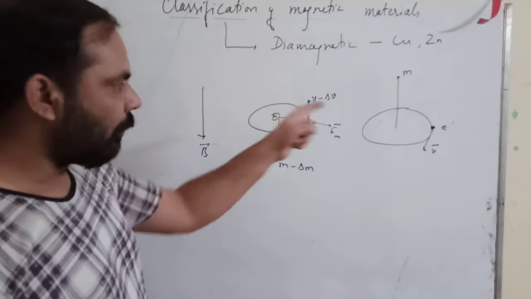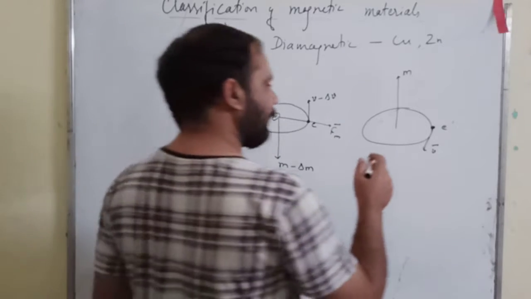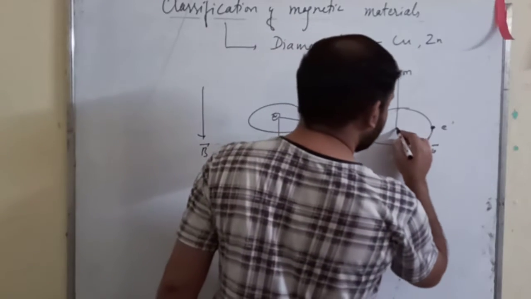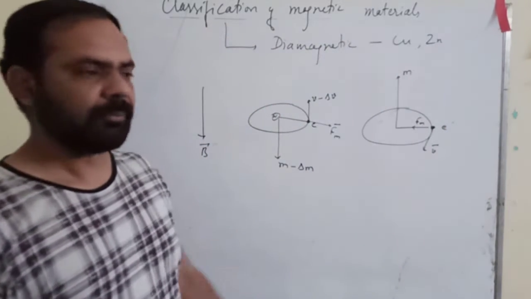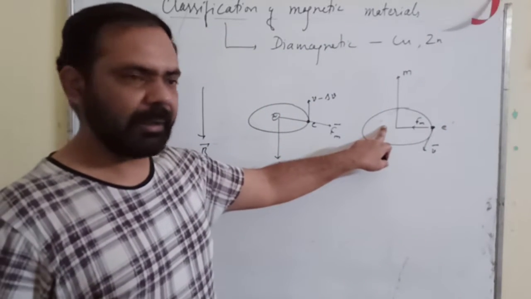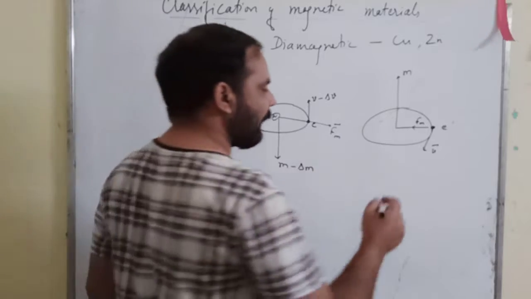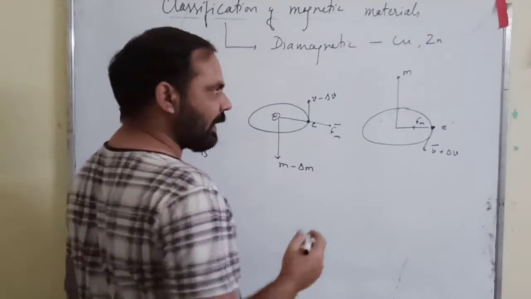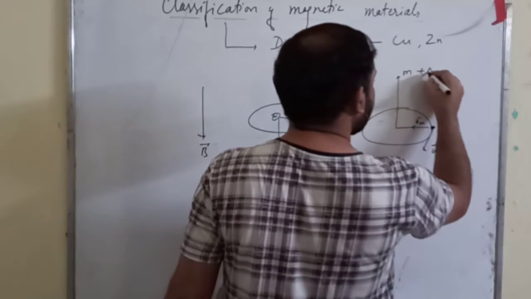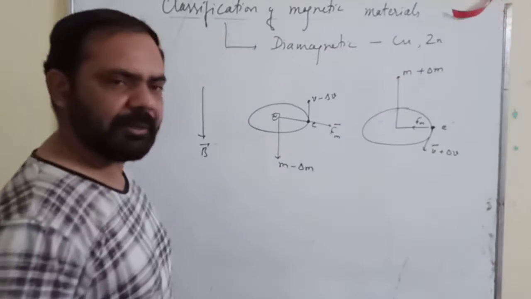Whereas in the other case, when you apply the same rule, you will find that the force will be towards the nucleus only, and therefore it will slightly increase the velocity of the electron. As a result, this dipole moment will be slightly increased.